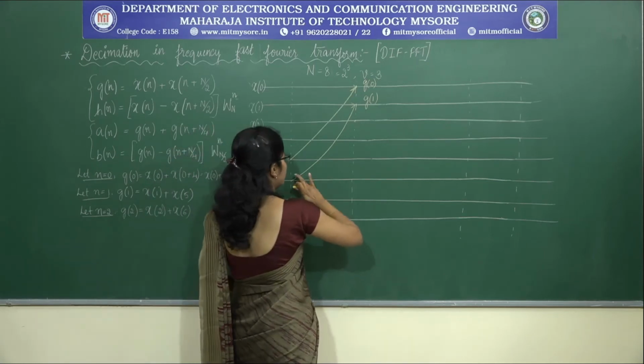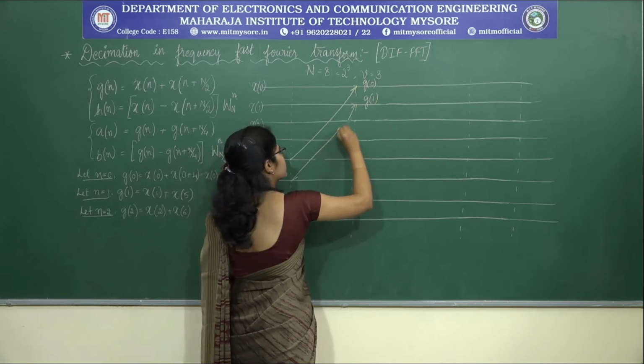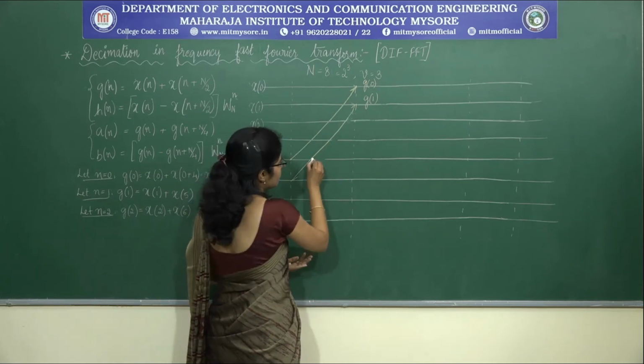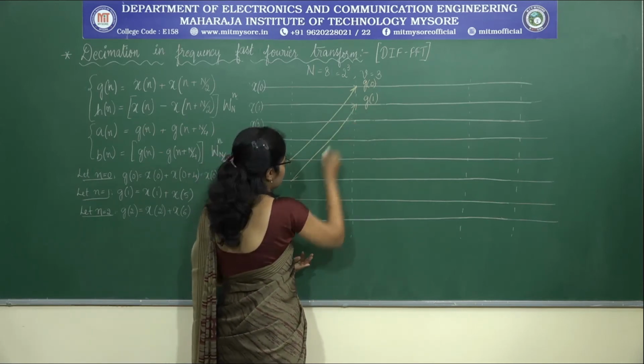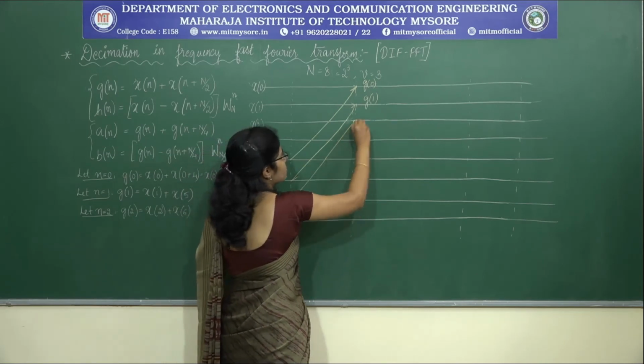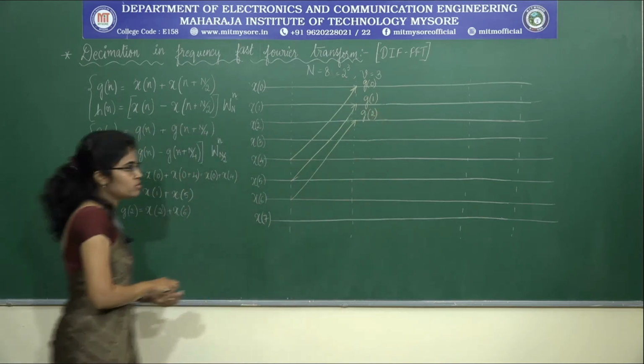So I need to combine these two things. So I need to combine x of 2 and x of 6, that gives us g of 2.